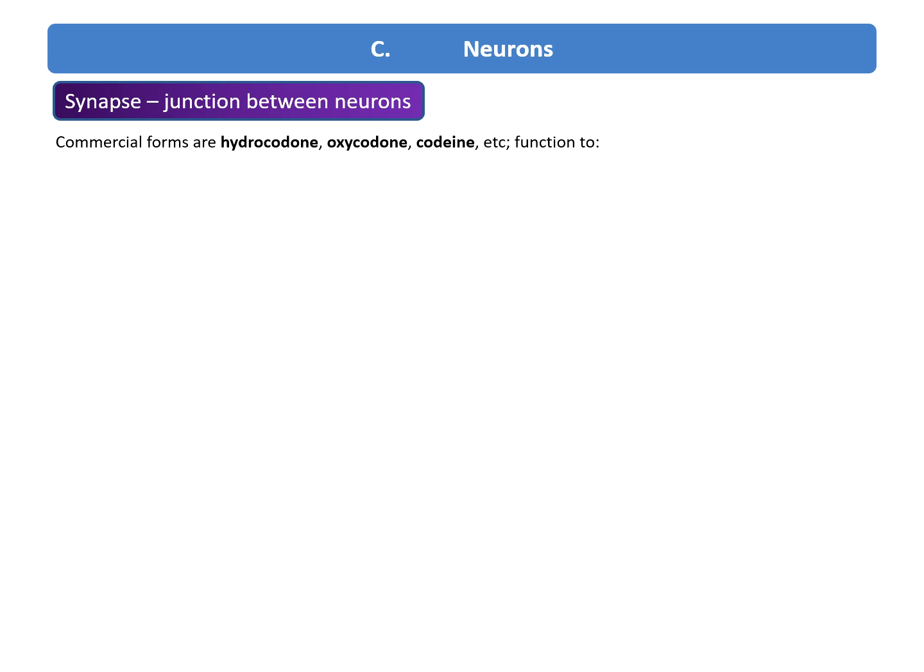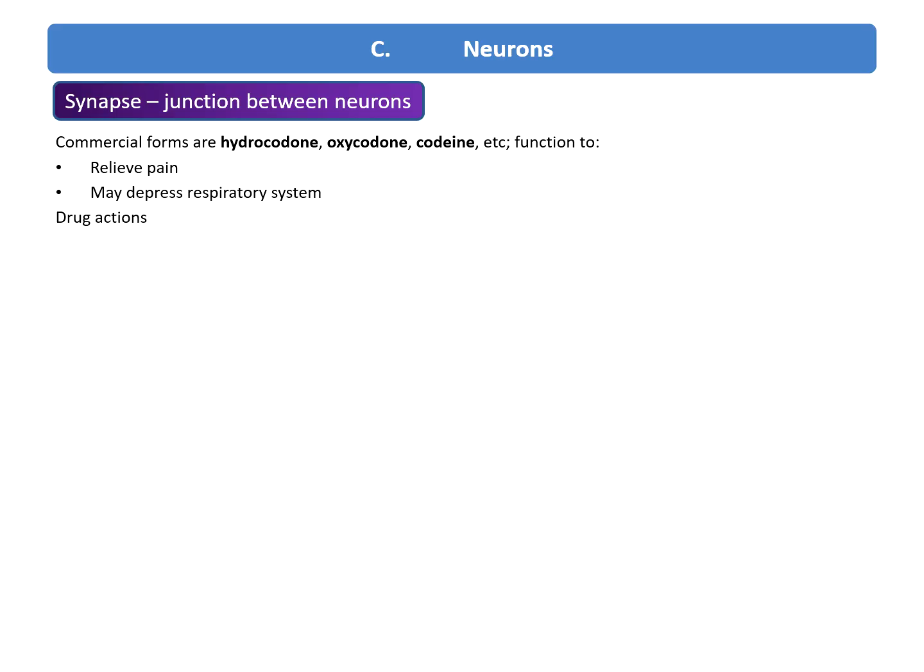When people started understanding more about drug actions on the brain, they wondered why in the world does the brain have receptors for opium and other such substances? Well, let's look at a few of those. Commercial forms include hydrocodone, oxycodone, codeine. They function to relieve pain. They may depress the respiratory system.